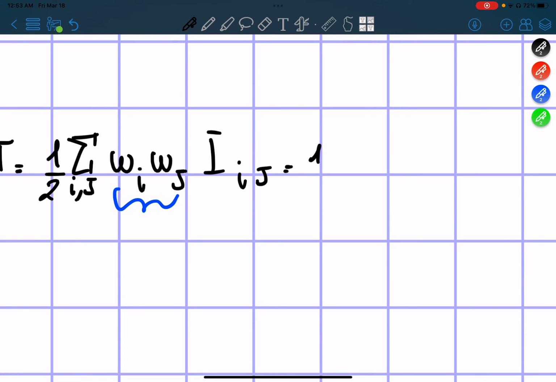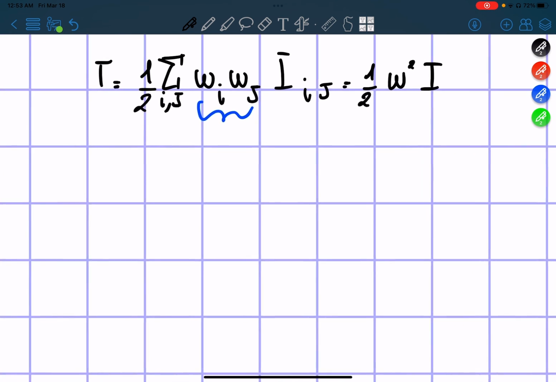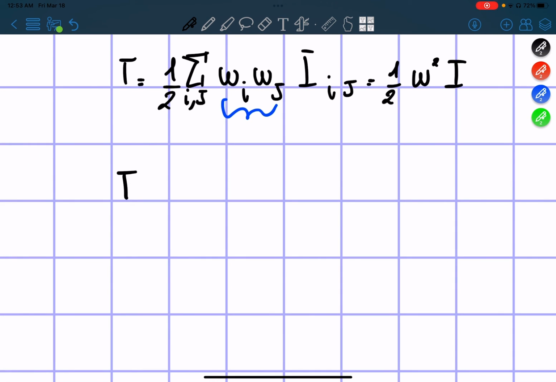So we're going to have 1 half our omega squared times I, which will be ij, but again, if these two are different, then we're gonna have 0, so it's gonna be simply I. And this is the ending, so our rotational kinetic energy is equal to 1/2 omega squared I.